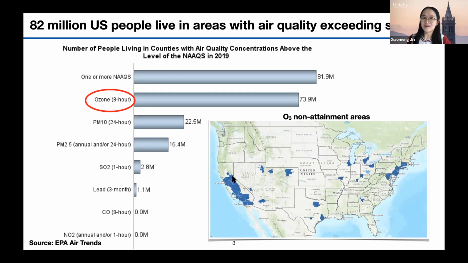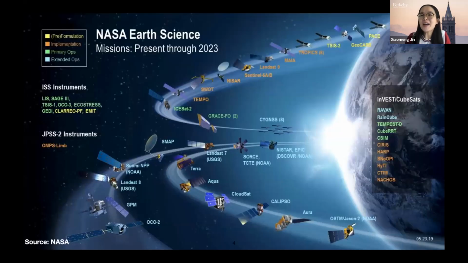But today I'm going to talk about this issue from the perspective of using remote sensing observations. Now currently we have entered the satellite era, and the suite of the emerging satellites has provided us with an unprecedented opportunity to study the Earth. Here I'm showing you the NASA Earth Science satellite missions through 2023.